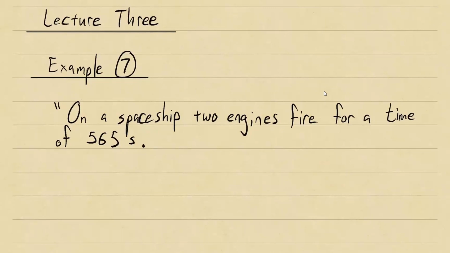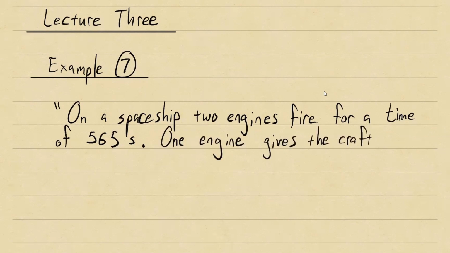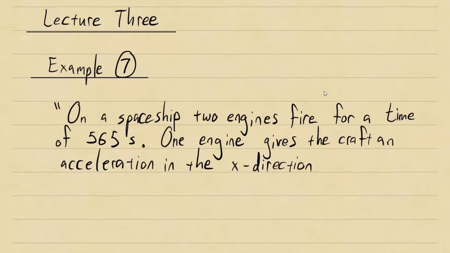The problem says that 1 engine gives the craft an acceleration in the x direction of ax is equal to 5.1 meters per second squared, while the other engine produces an acceleration in the y direction.